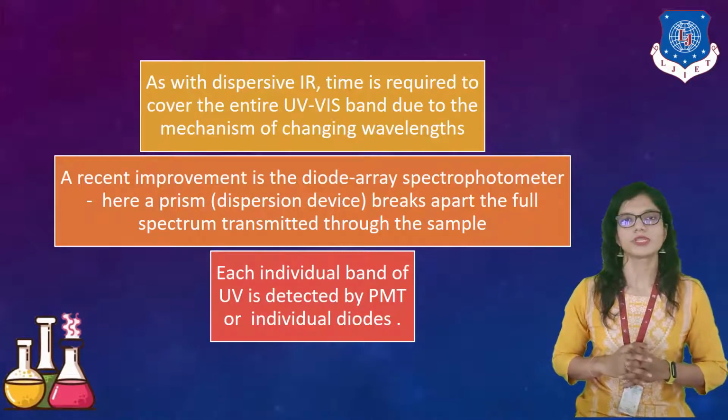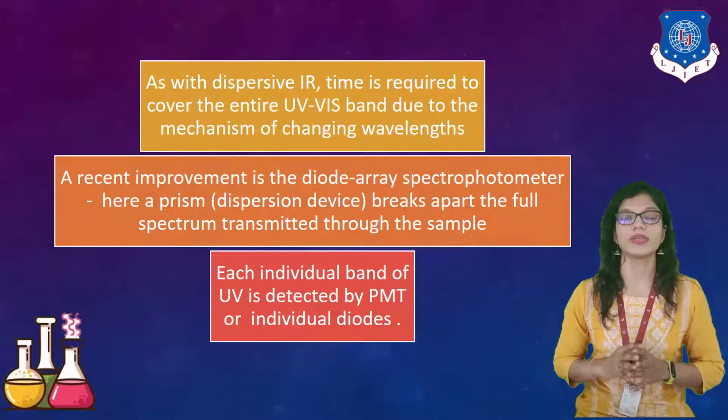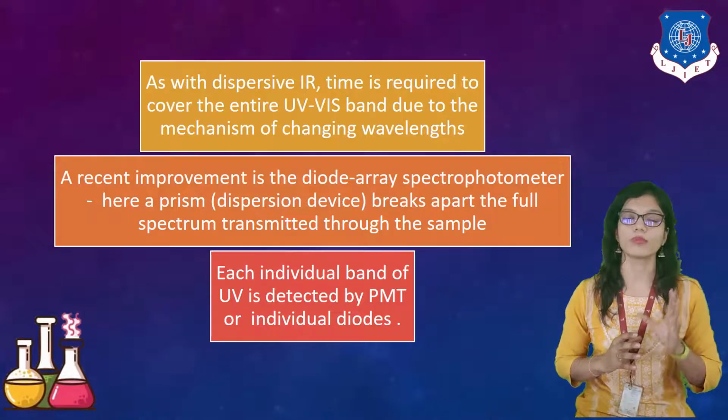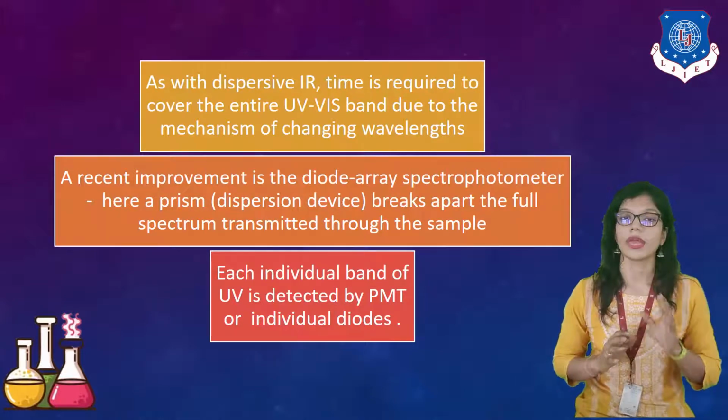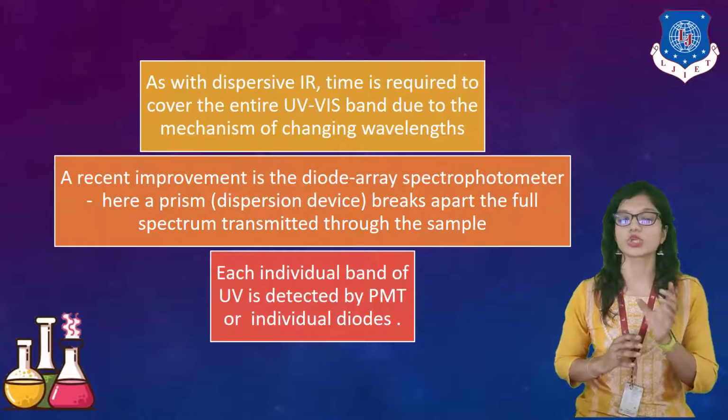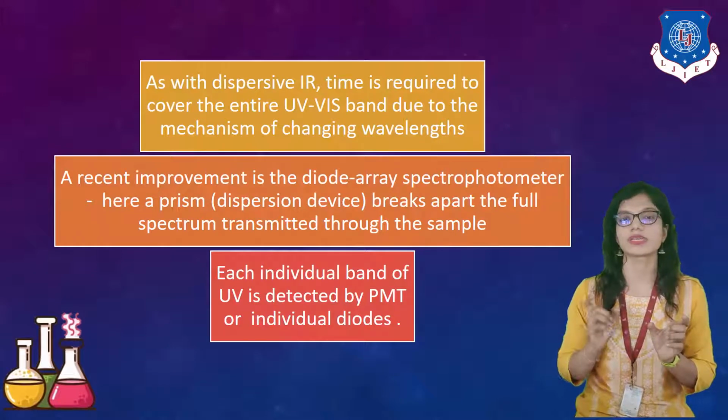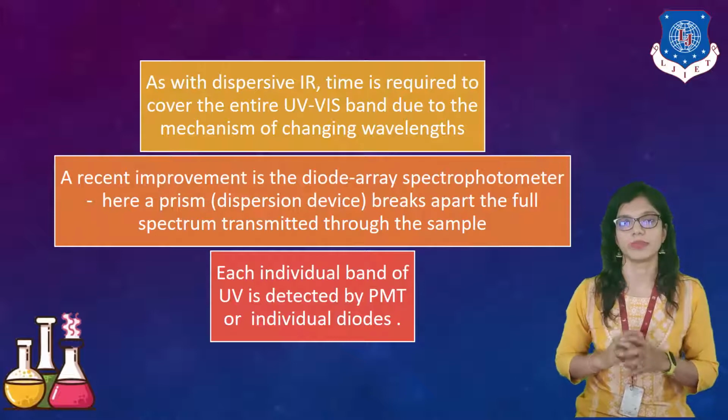In UV visible spectroscopy, the range moves from 200 nanometers to 800 nanometers, in which 200 to 400 nanometers is the range of UV, while 400 to 800 nanometers is the range of visible.